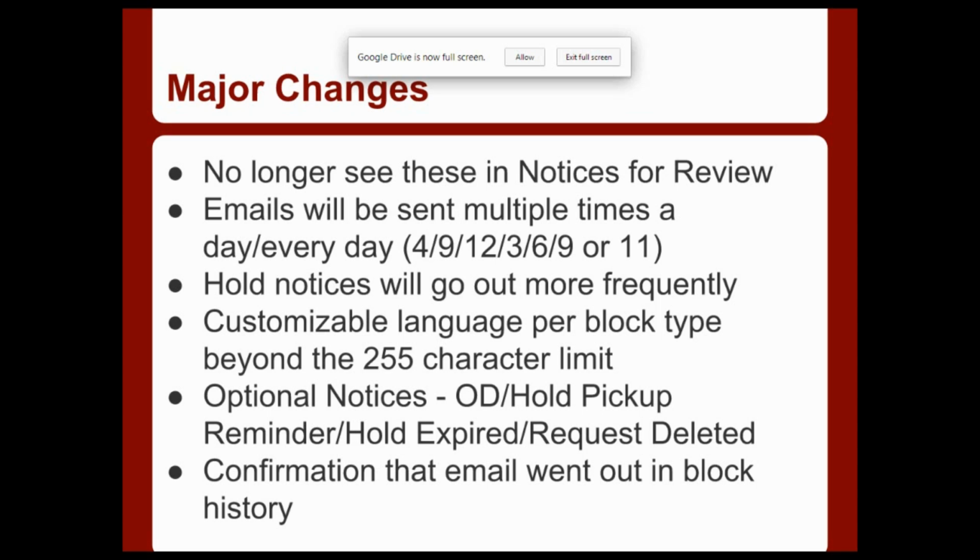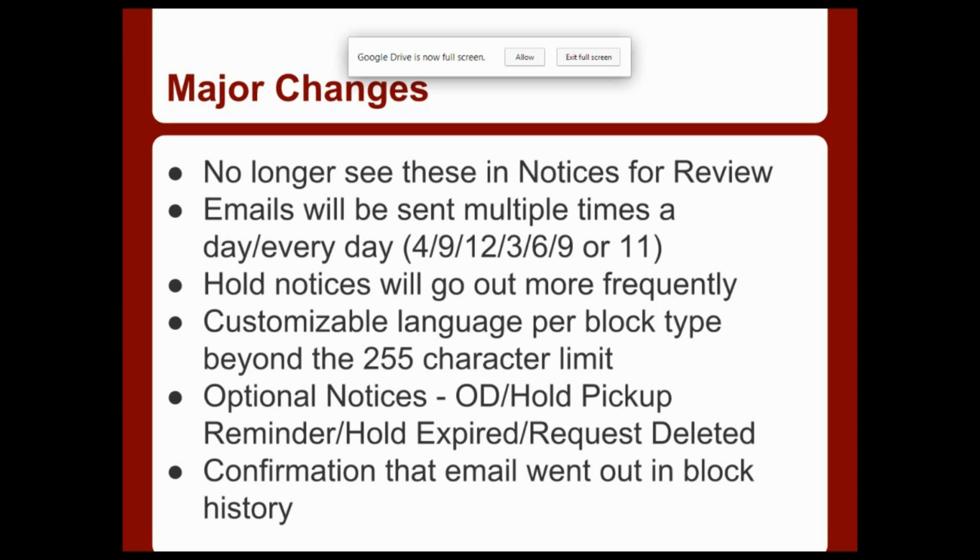So that's when your firsts and your overdues and all that kind of stuff, all those blocks are generating. So at 4 a.m. most of the notices are going to go out. And then those other times are just to catch those holds, because your bins have come or things have been returned and you're checking them in. So that's why your hold notices will go out more frequently.